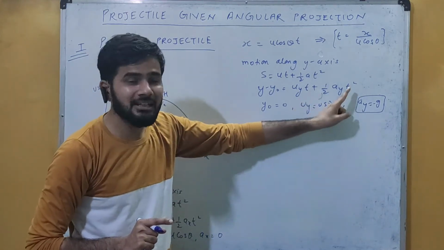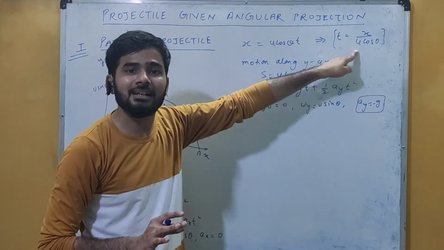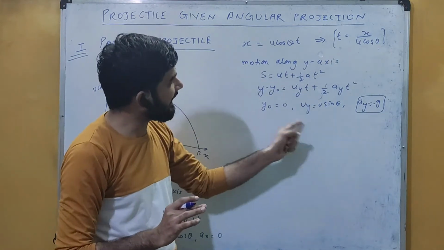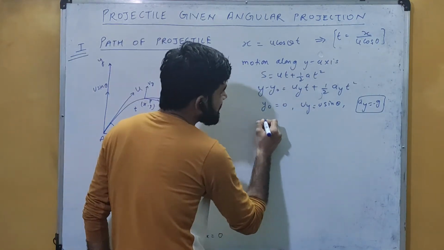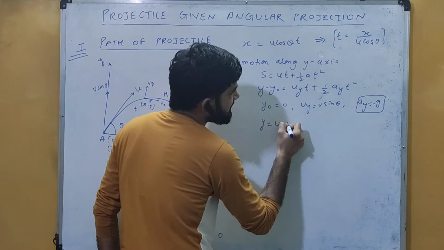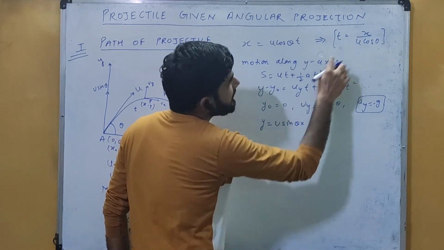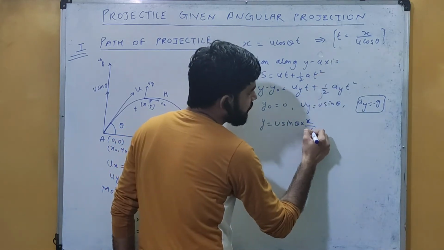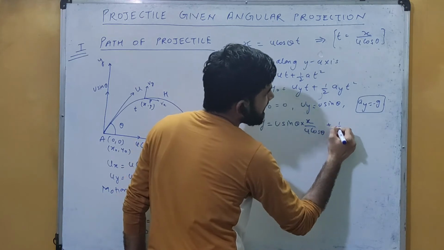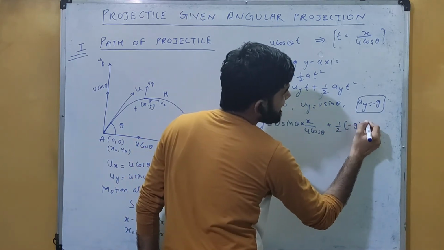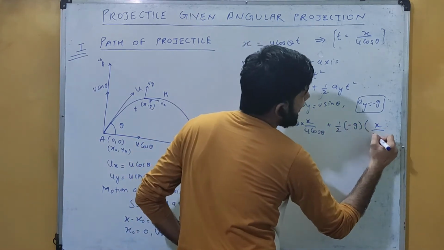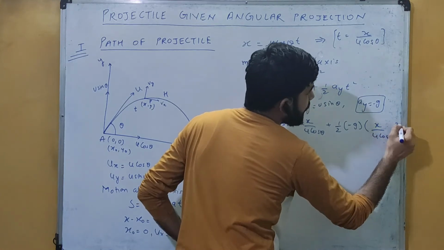And what about the time t? This time t is x by u cos theta. So I will put all these values in this equation. So I can write this y is equals to u sin theta into t. What this t is? x by u cos theta plus half ay, that is equals to minus g into t square, that is x by u cos theta whole square.